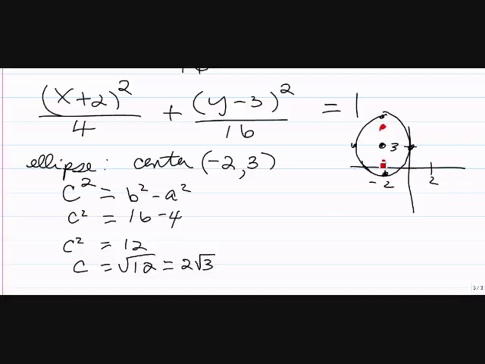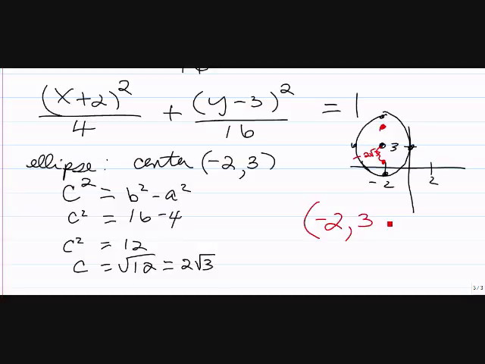So I know for the foci the x coordinate of this bottom red one is -2. The y coordinate, I start at the center at 3, and I go down by a distance of 2 root 3.